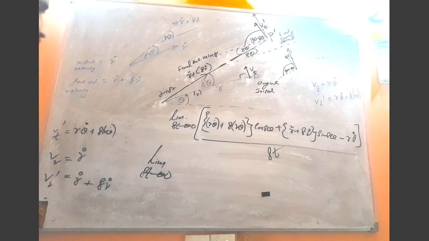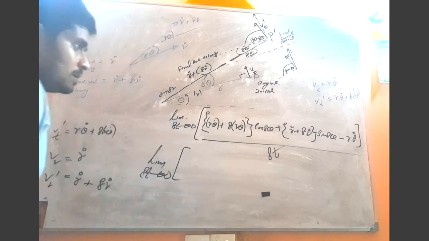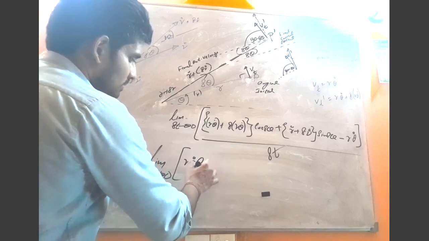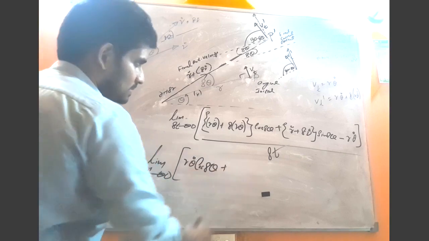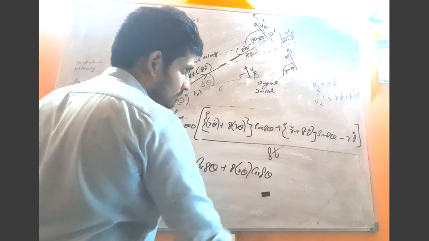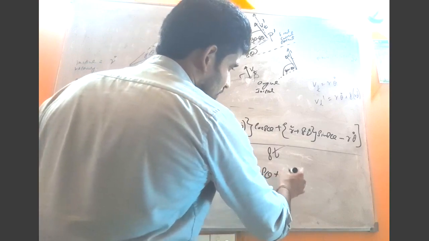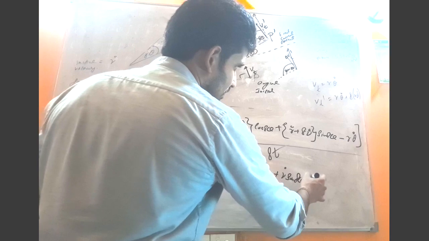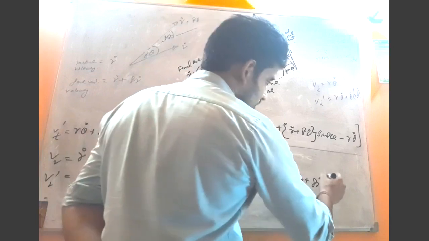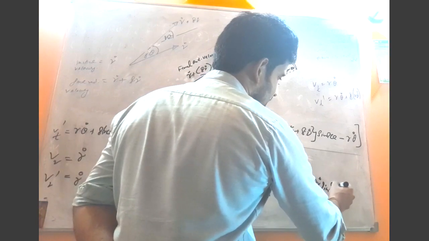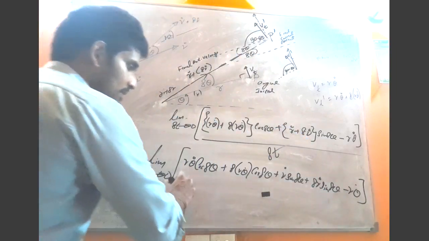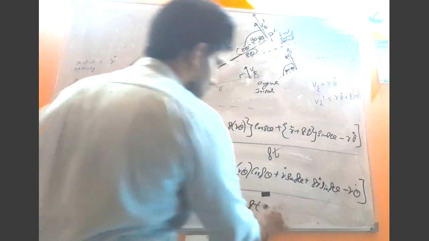Okay, r theta dot cos delta theta plus delta r theta dot cos delta theta plus r dot sin delta theta plus delta r dot sin delta theta minus r theta dot, right, divided by delta t.